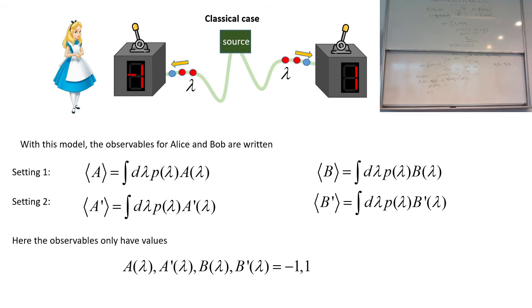So when we put it in setting 1, it's got this function A, and when we put it in setting 2, then it's got A dash. Because it's the same particles that are arriving, but you can process it in some different way according to what your switch setting is. And we've got the same thing for Bob. Okay? And these values have to be only -1 or 1, because our output values are always either -1 or 1.